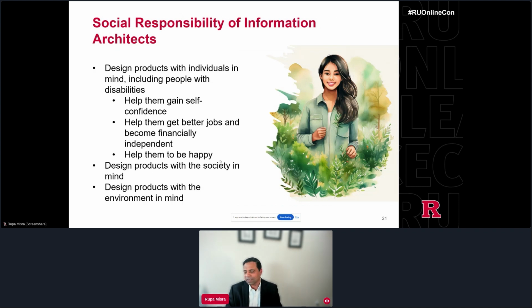As designers, instructional designers, teachers, we have a social responsibility, and it is not just about creating products that are effective, efficient, and desirable, but we also have to think about the user experience, which is critical, as well as think about the individual, the society, and the environment. Thank you.